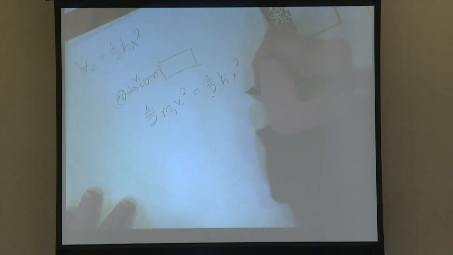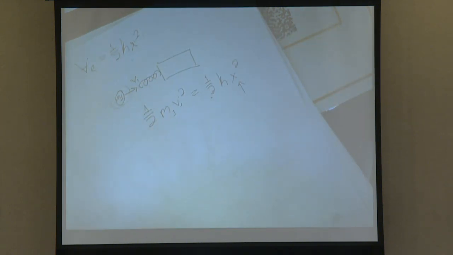So you have 1/2 k x squared, and you can solve for x squared, or that kind of thing. There's different ways they might phrase it.